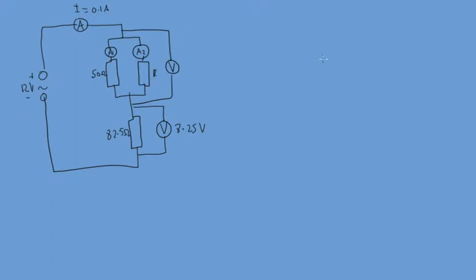So firstly, this is what we want to find. We want to find A, the potential across the parallel section. We want to find A1 and A2.